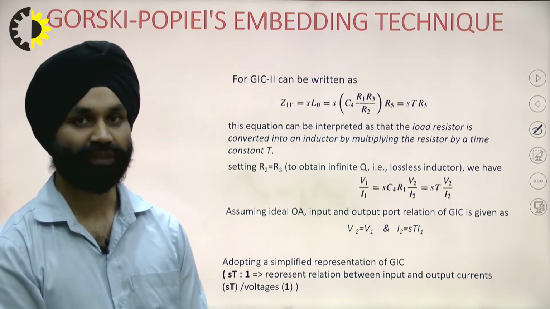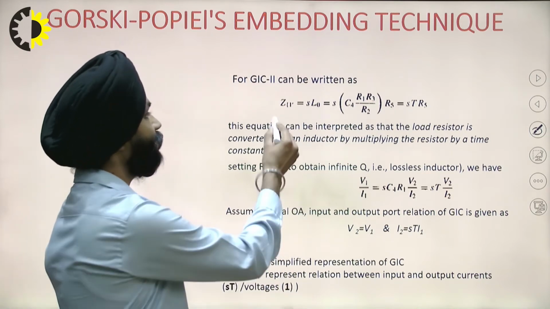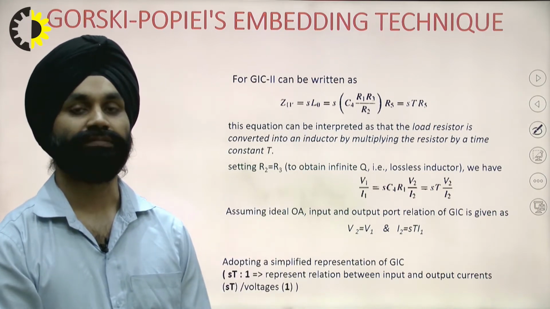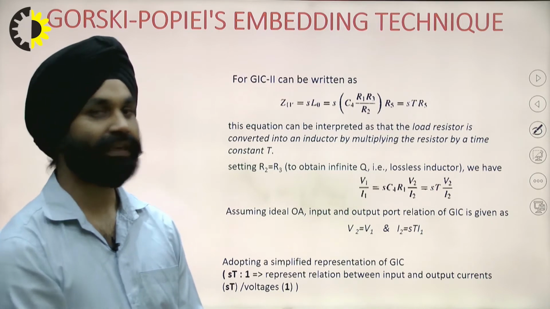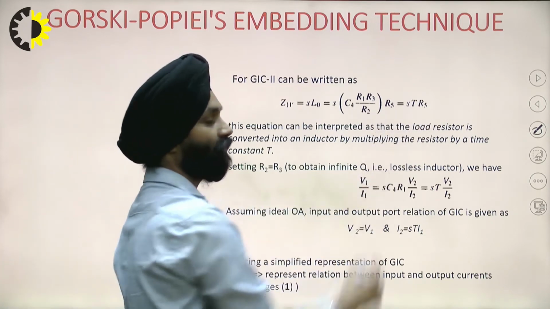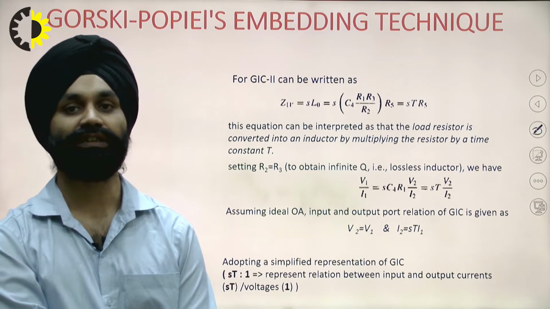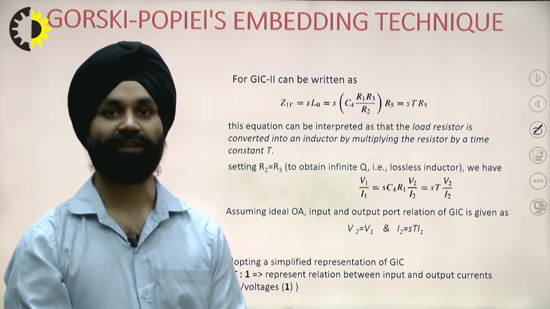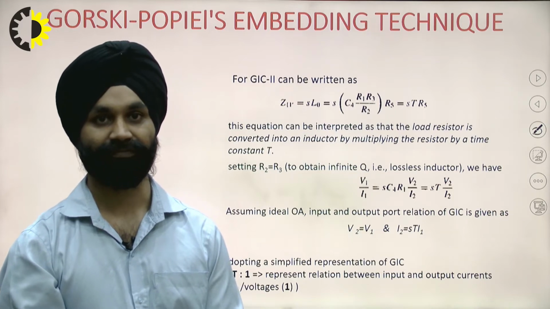In the GIC circuit, we can take Z11, which is the input impedance, as S T R5. You can see lecture number 3 of unit 4 for this derivation.